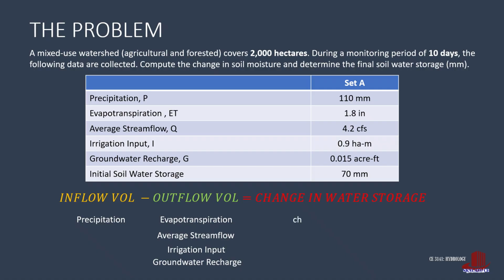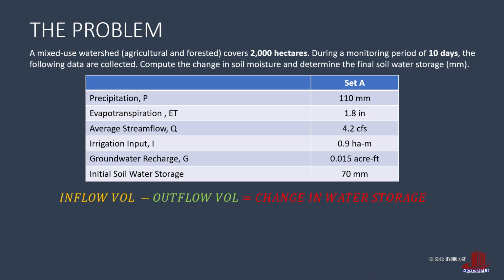Then the change in soil moisture lies under change in water storage. The last input in the table, which is initial soil water storage, is not a part of the equation. This parameter shows the current moisture of the soil prior to the storm.